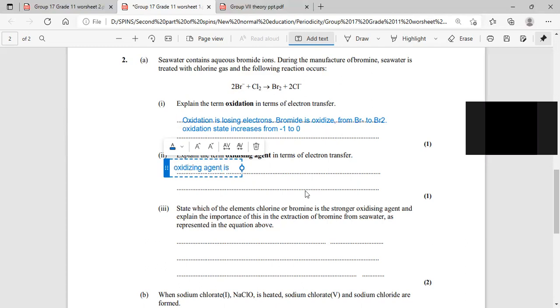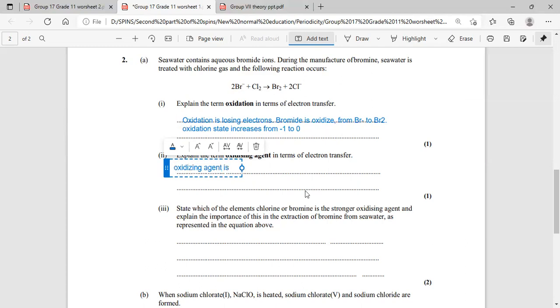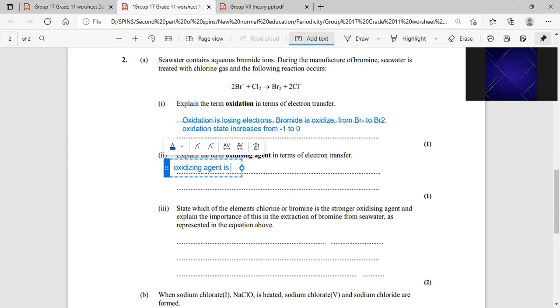For this question, can I ask Kimi? Hello, Kimi. Yes, teacher. What is the meaning of oxidizing agent? Is the oxidizing agent the one that receives the electron?